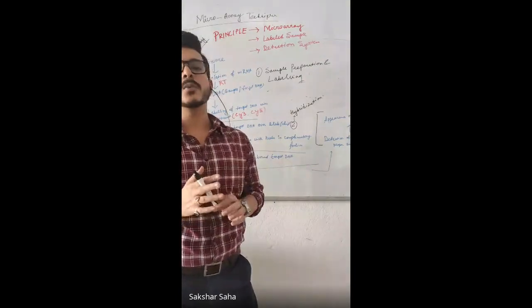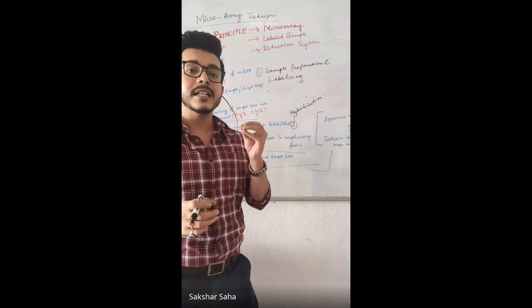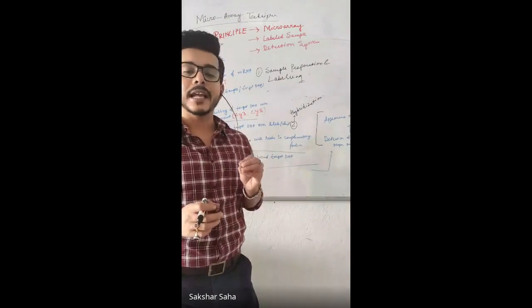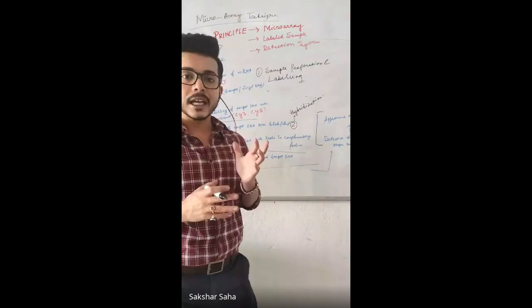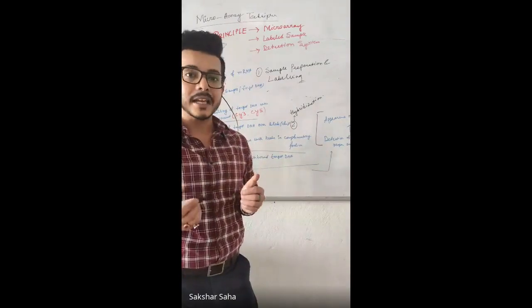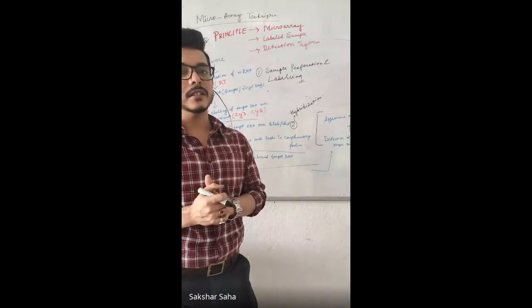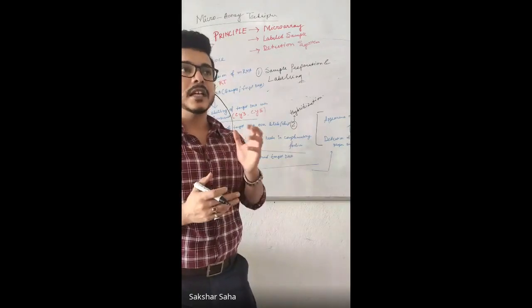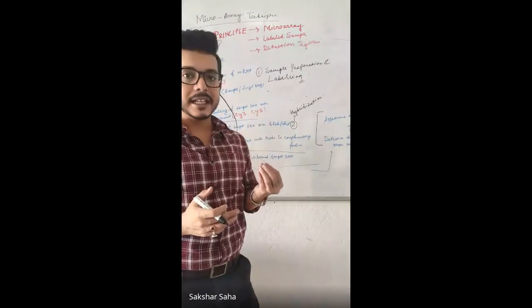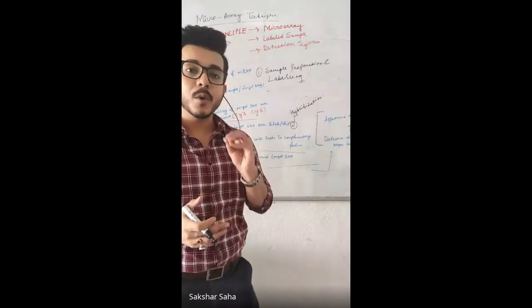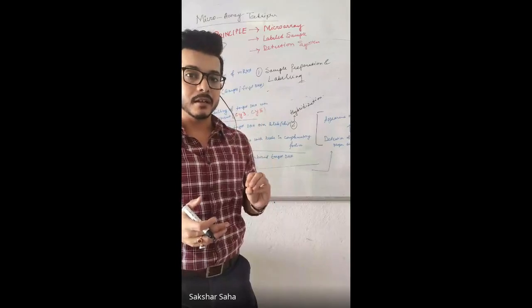In southern blotting we can analyze a very limited number of DNA, but in microarray we can detect multiple DNA. In southern blotting, the detecting DNA is immobilized in the membrane.